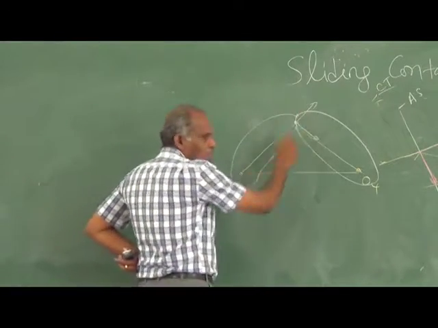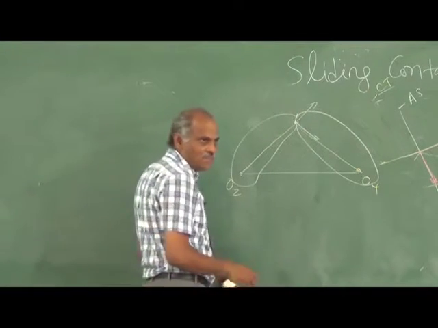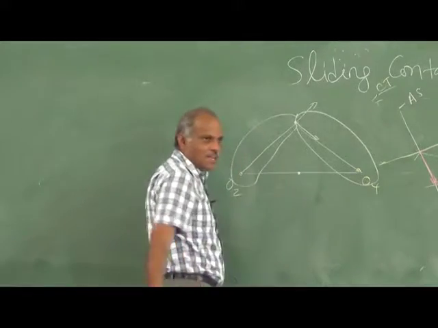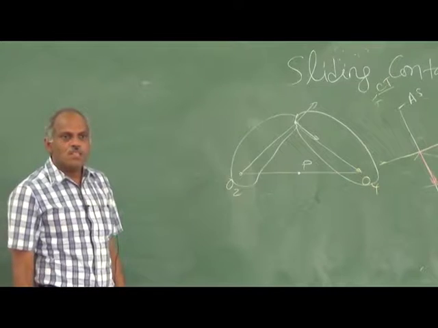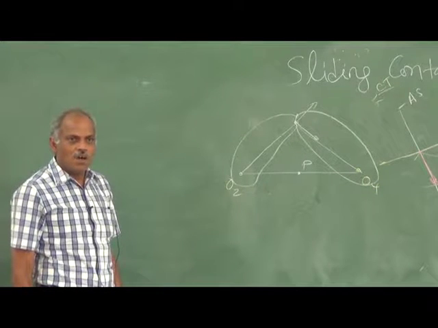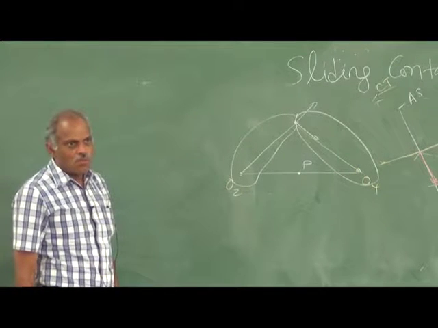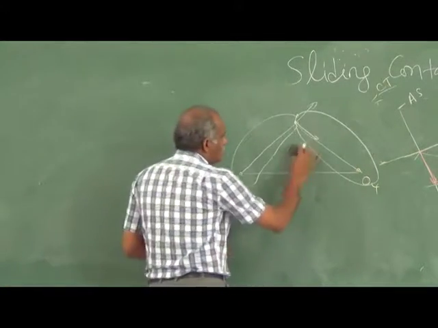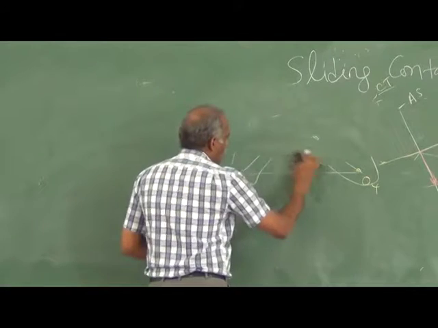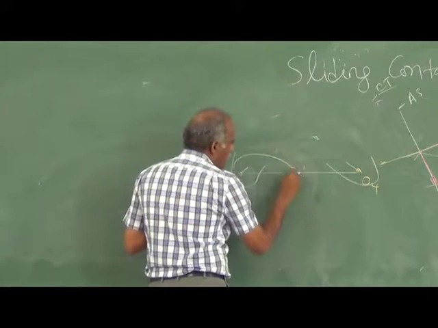So the direction of these two will be the same only if the point of contact is lying on the line of centers. Only if the point of contact is on the line of centers, like this. So you have something like this.